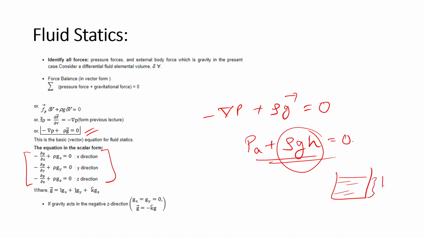If this is the height of the fluid, then at the bottom over here the pressure will be rho g h due to this portion, and if atmospheric pressure Pa is acting, then the total pressure will be rho g h plus Pa. So based on this equation, we will be solving few questions today.